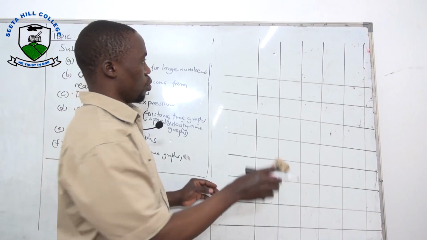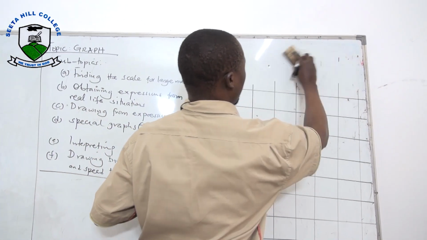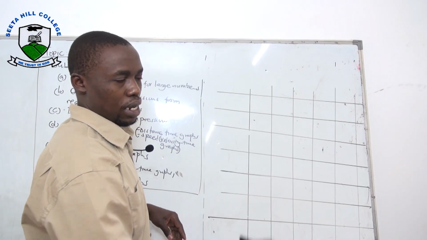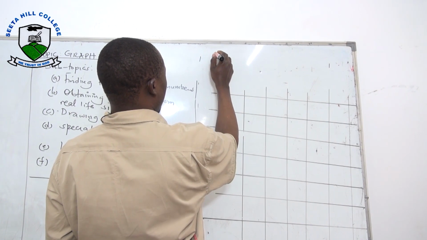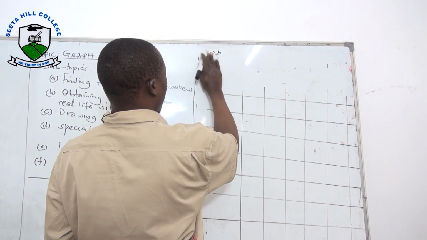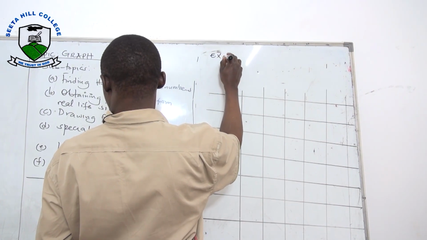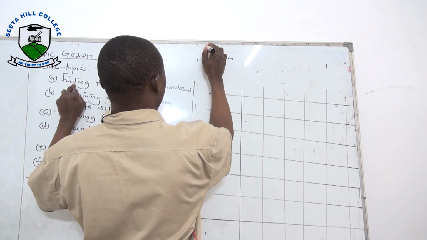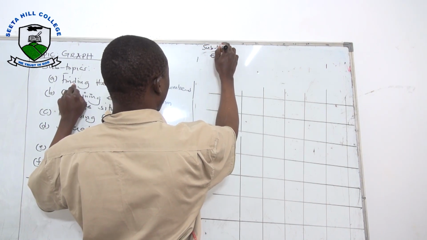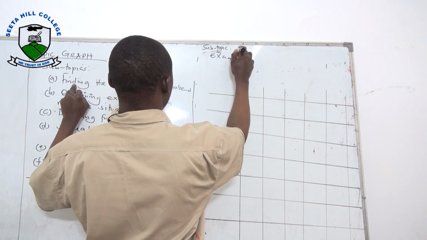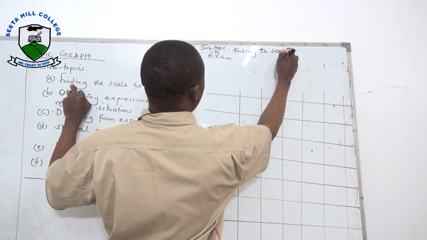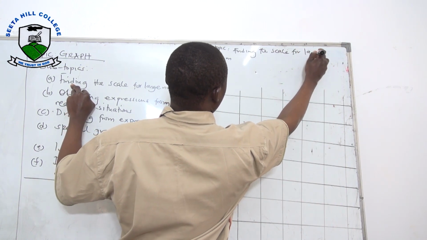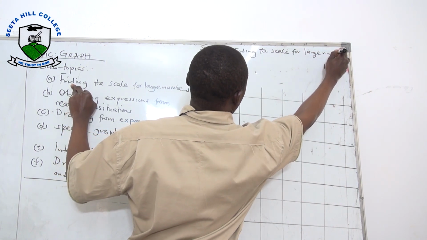Now I will just pose a question here that will guide us through this discussion. Our subtopic here is finding the scale for large numbers.